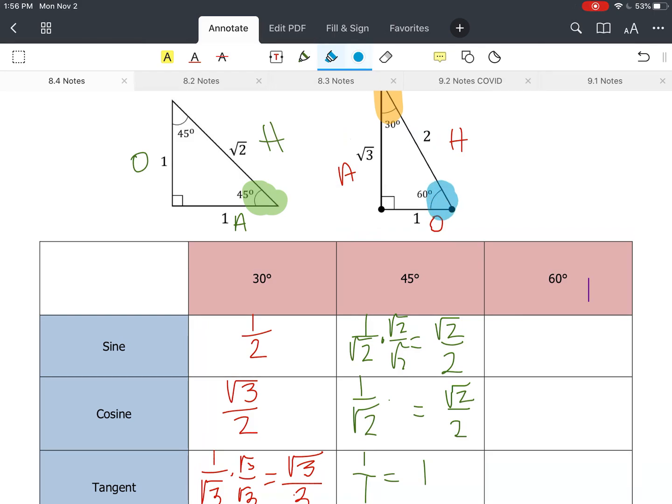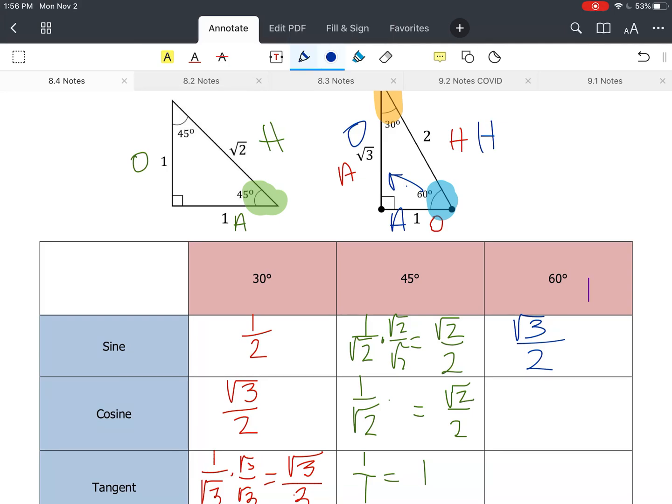Lastly is 60 degrees, so let's look at my 60 up here. Using 60 as my reference angle, the hypotenuse from 30 won't change. So that's still my hypotenuse, but now opposite and adjacent change because opposite 60 will be root 3 and adjacent will be 1. So my sine and cosine and tangent are going to vary slightly from my 30 because my opposite and adjacent changed.